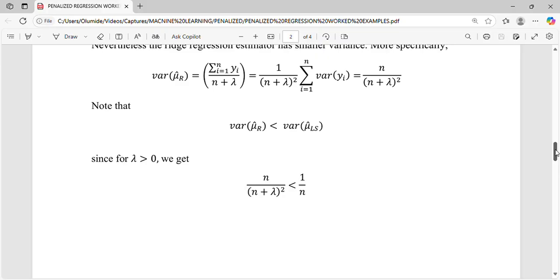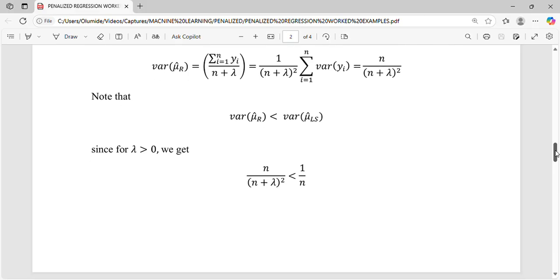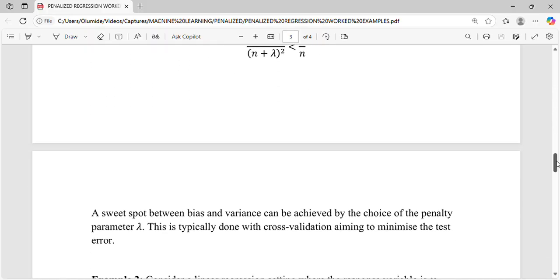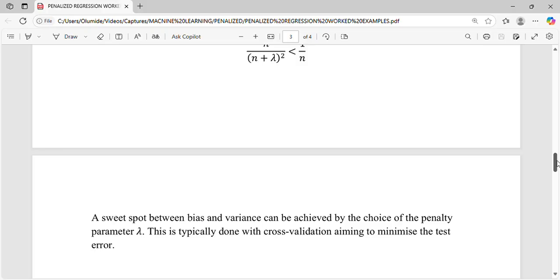A model that has less variance is more efficient than a model that has higher variance, and that is why we talk about an efficient estimator. The sweet spot between bias and variance can be achieved by the choice of penalty parameter lambda. This is typically done with cross-validation, aiming to minimize the test error.